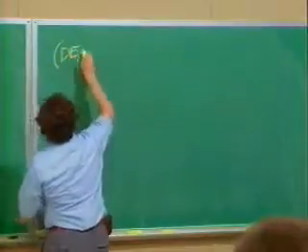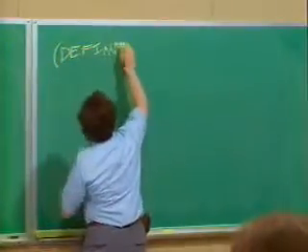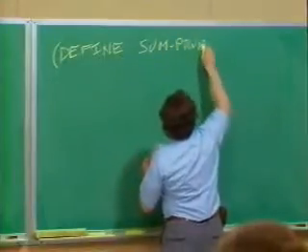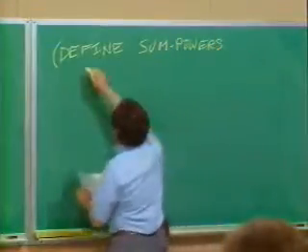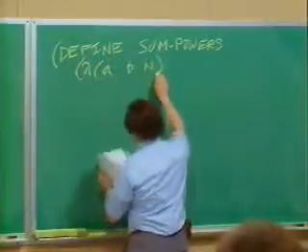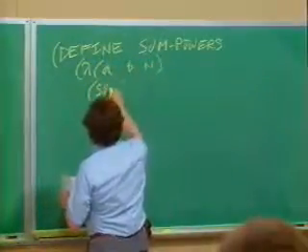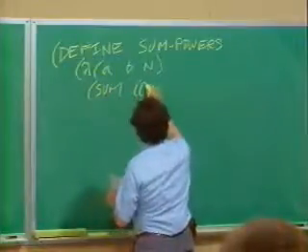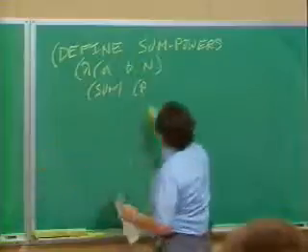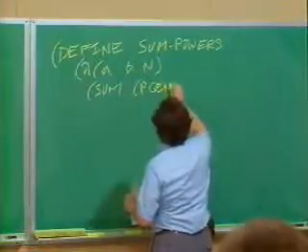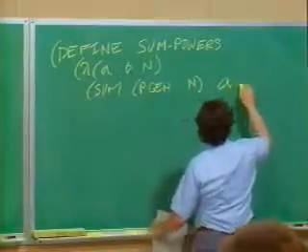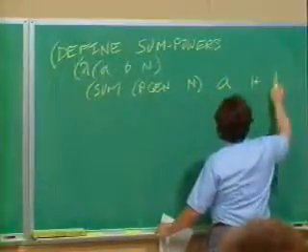I can define sum powers to be a procedure, again, of a, b, and n, which is the sum of the term function generated by using this generator, pgen n, okay, with a, the incrementer, and b.